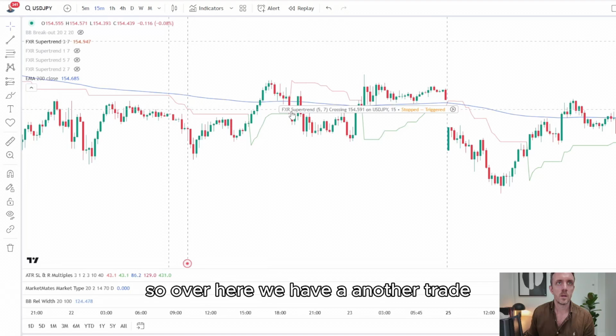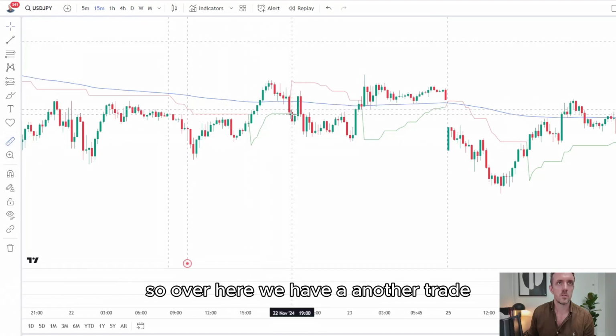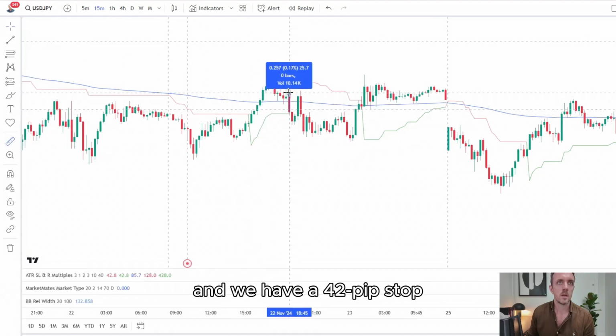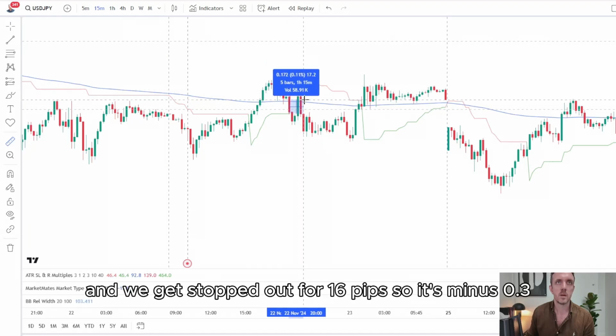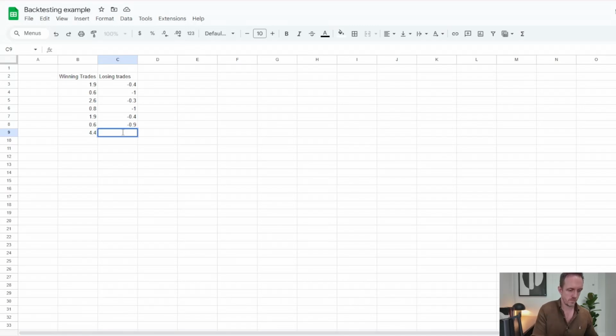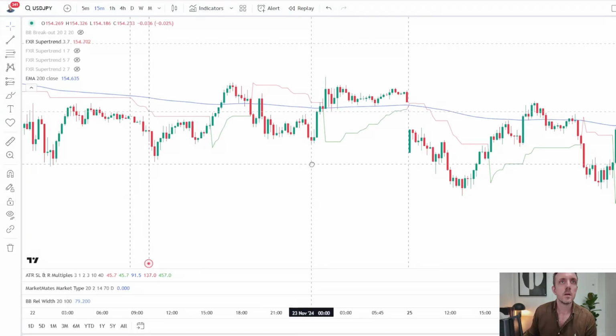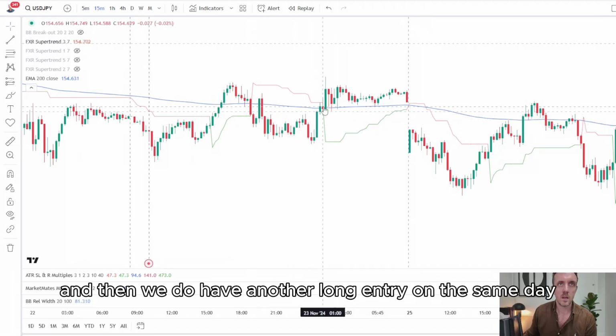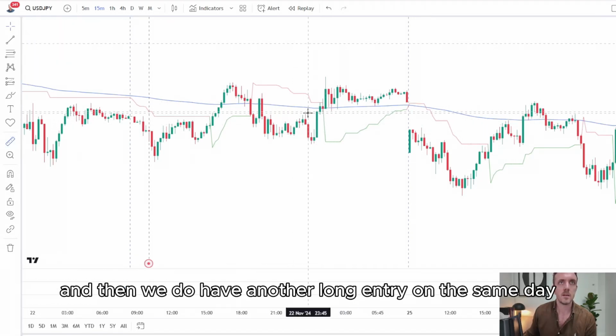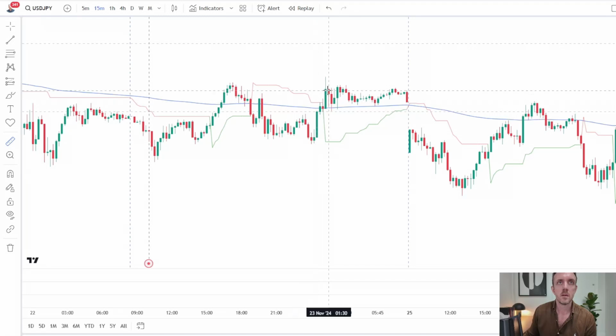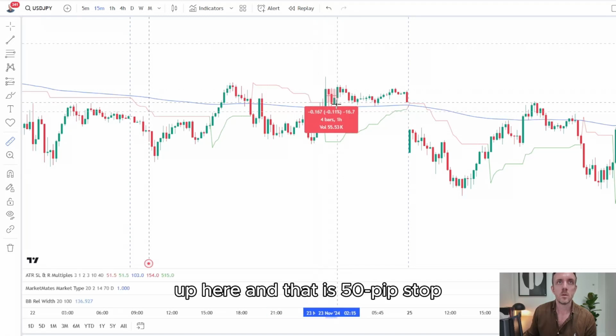So over here we have another trade, and we have a 42 pip stop, and we get stopped out for 16 pips, so it's -0.3. And then we do have another long entry on the same day up here, and that is a 50 pip stop.